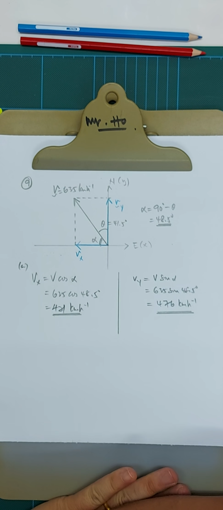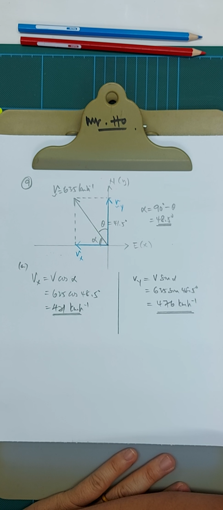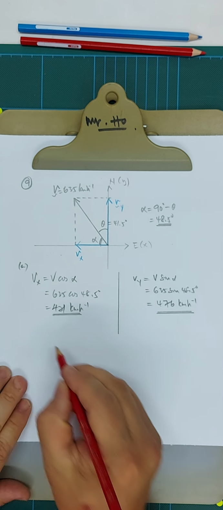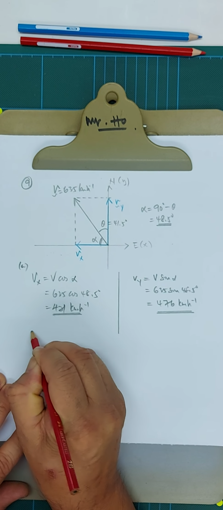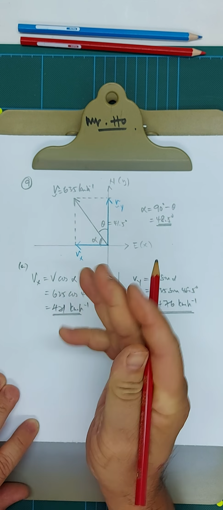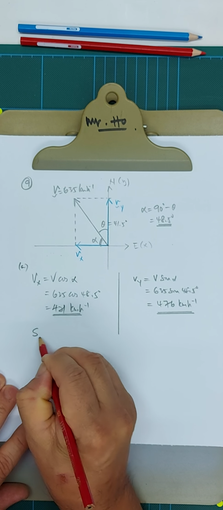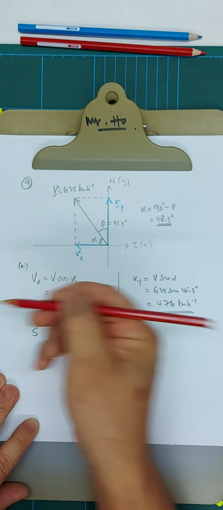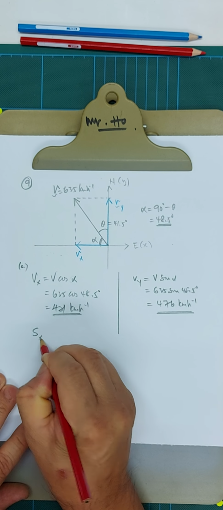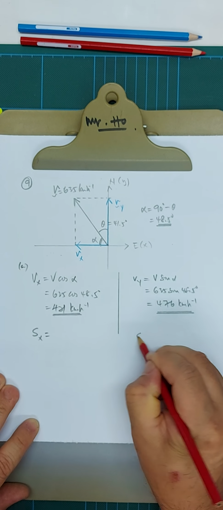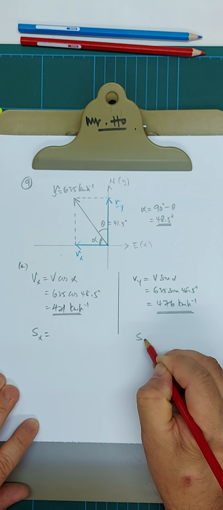And then B. How far north and how far west has the plane traveled after 3 hours? So we calculate how far it moved after 3 hours. In the western direction, we call it SX. And this one will be SY.